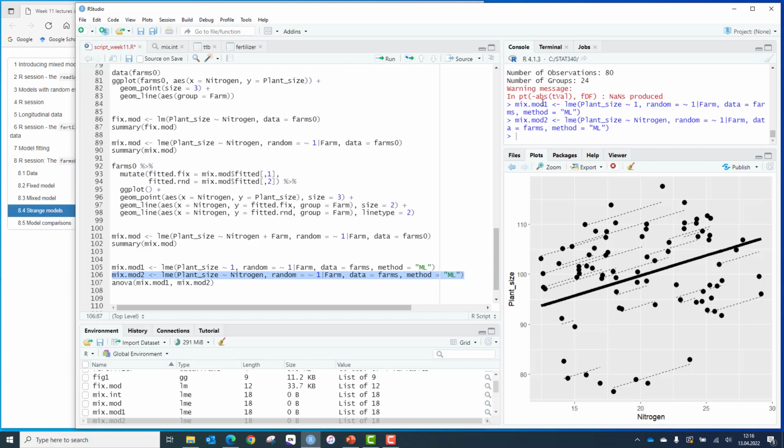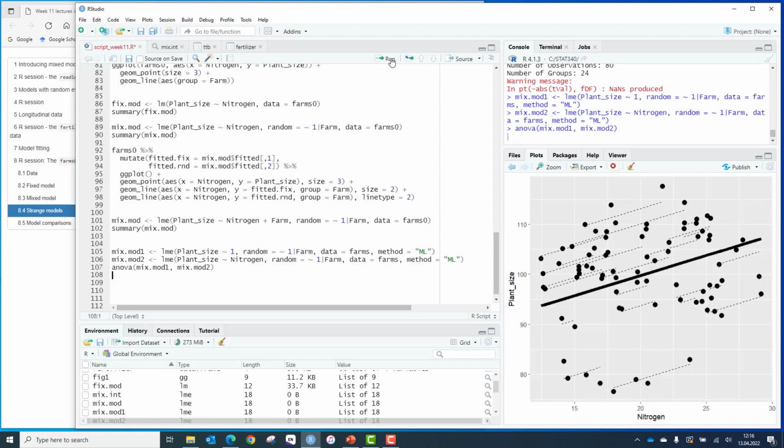So now we have two alternative models for the same data set, right? This is the simpler one. This is the more complex one, even if I wouldn't say either of them is particularly complex. But this is just for showing how to approach it. And then we can do this to compare them. You always list the simplest model first, and then the more complex one afterwards.